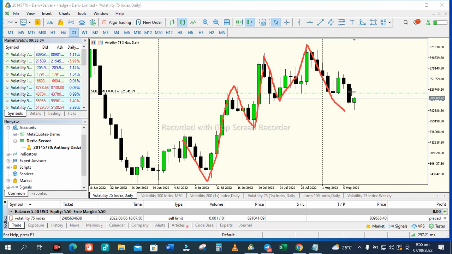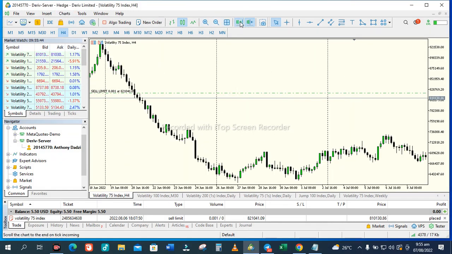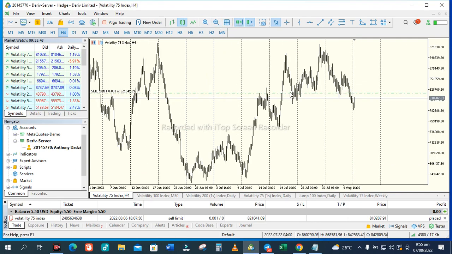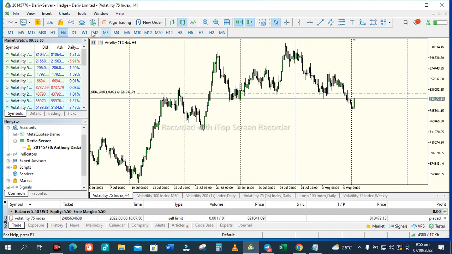It broke the structure anyway. Let me show you from the daily time frame so I am more clear.